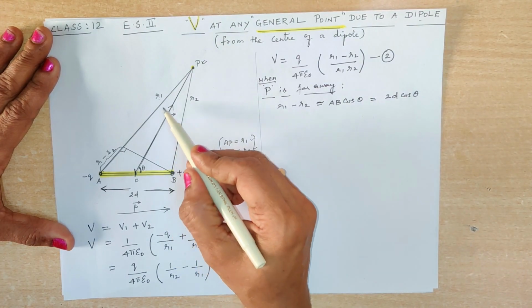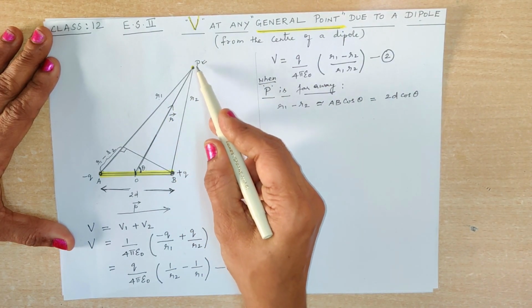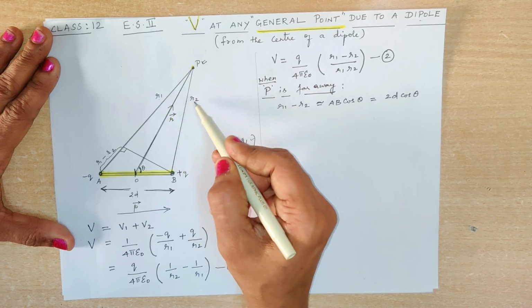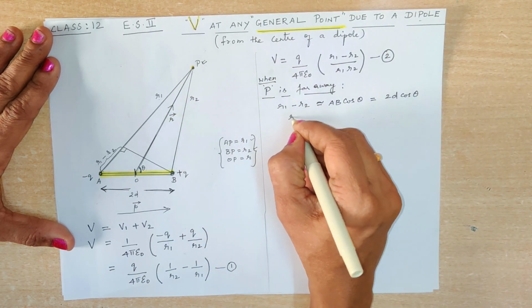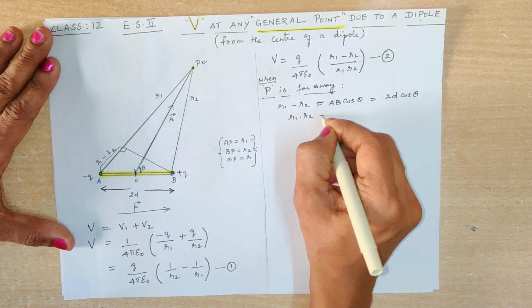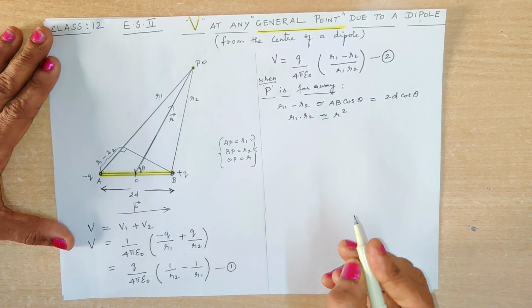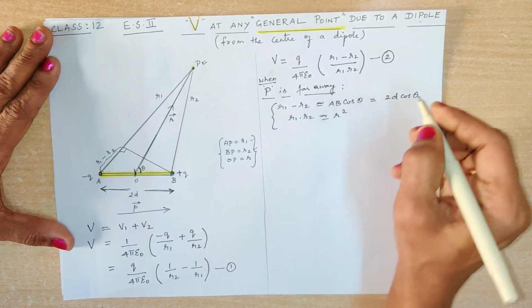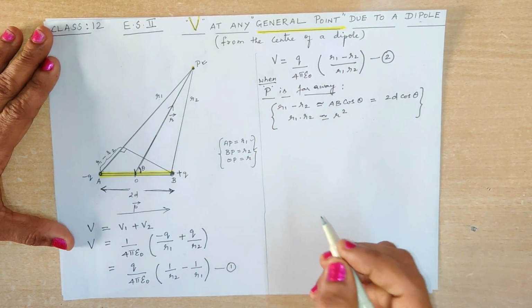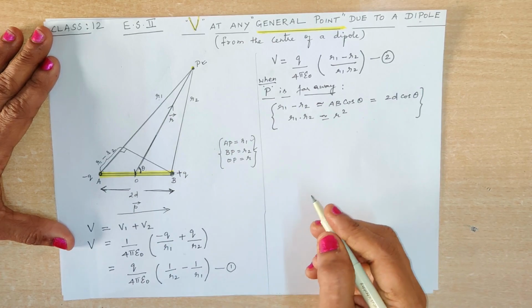And also, when P is much away, R1 is approximately equal to R2, equal to R. Therefore R1 multiplied by R2 is approximately R square, R into R. This is the assumption we have taken when P is far away from the center of the dipole.